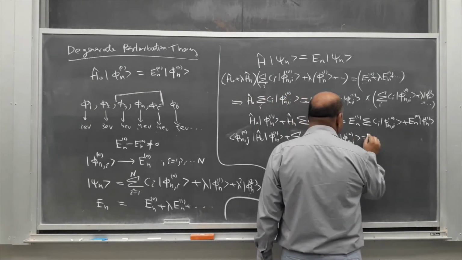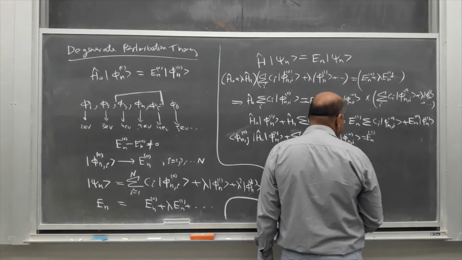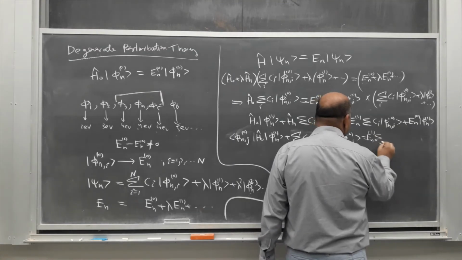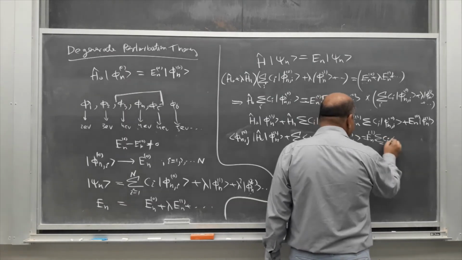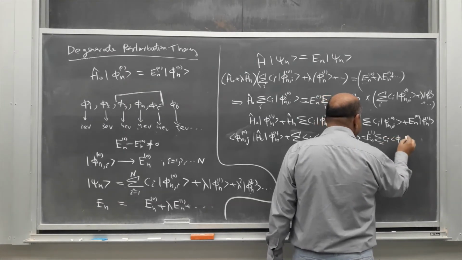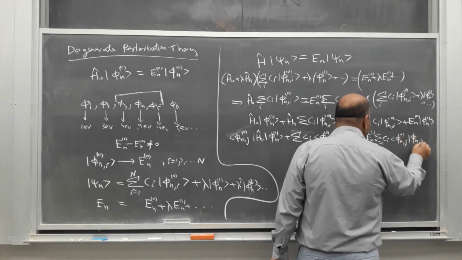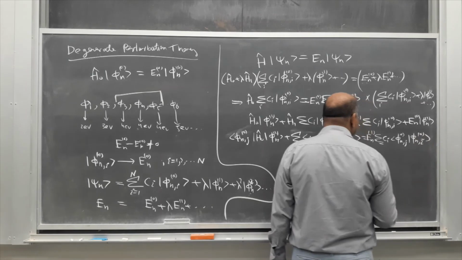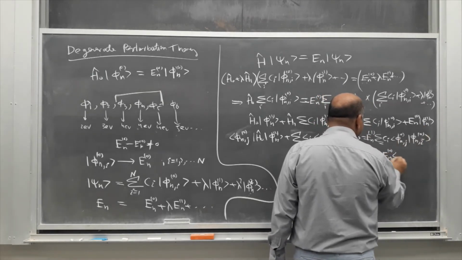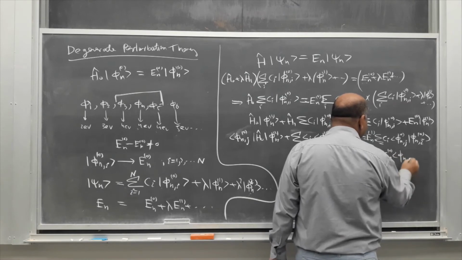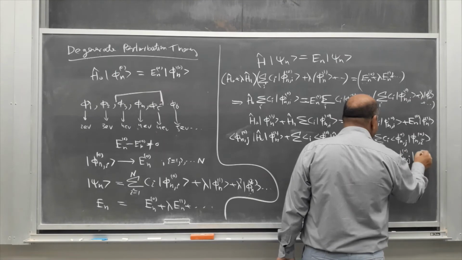Similarly here I will have En1 sum over Ci phi nj 0 phi ni 0, and here I get En0 phi nj 0 phi n1.